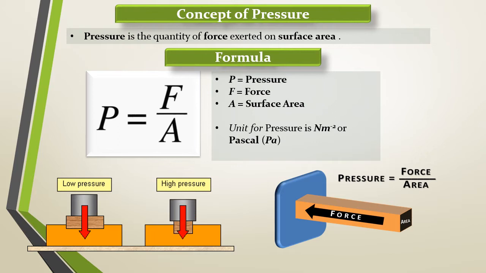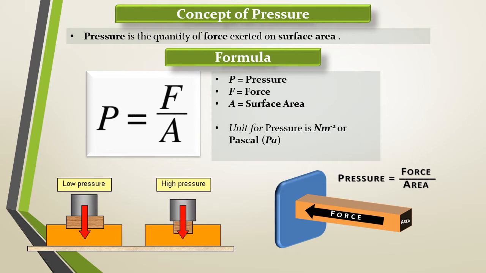At the left side, low pressure, the surface area is bigger. So when the surface area is bigger, low pressure will be produced. How about the high pressure? Kita dapat tengok surface contact between the load and the base is smaller. When the surface area is smaller, high pressure will be produced.